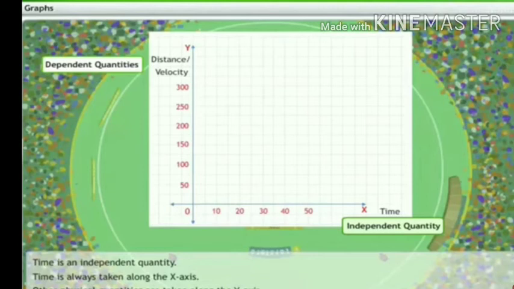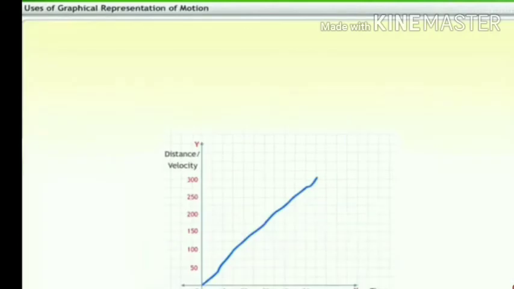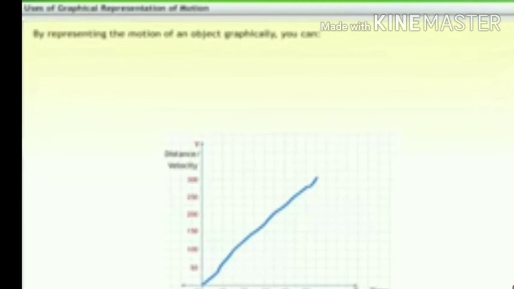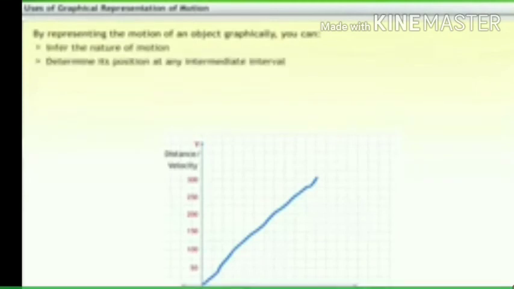When we are plotting the graph of velocity against time, then we get the acceleration. Graphically, we can see whether motion is uniform or non-uniform.